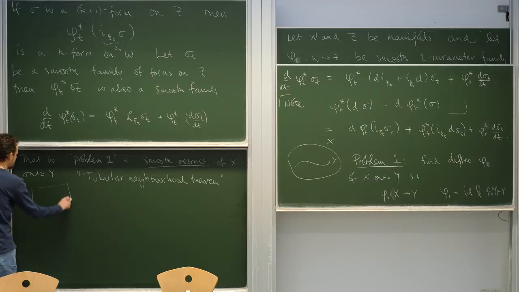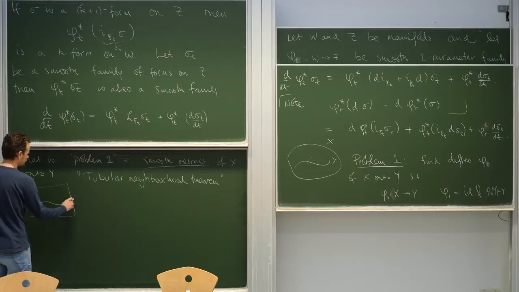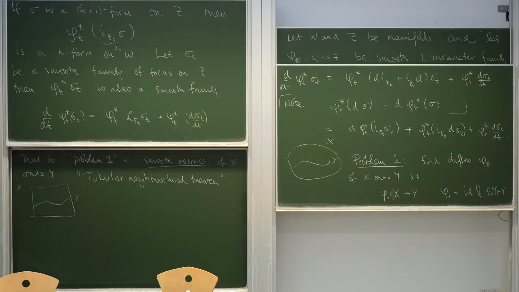So let X just be some flat manifold. Let it just be Euclidean space. And let Y be our submanifold in X. Now, how might you design a map that smoothly retracts onto Y in some neighborhood of Y? Well, just looking at the picture here, one way you might go about it is you find the normal vector to this curve everywhere, and you draw a picture like this, right?